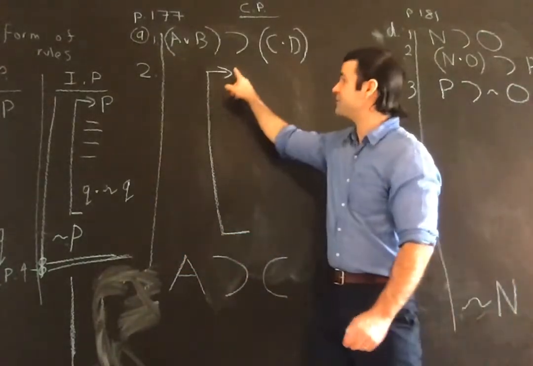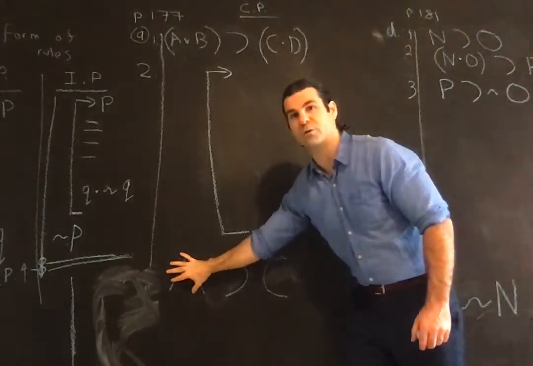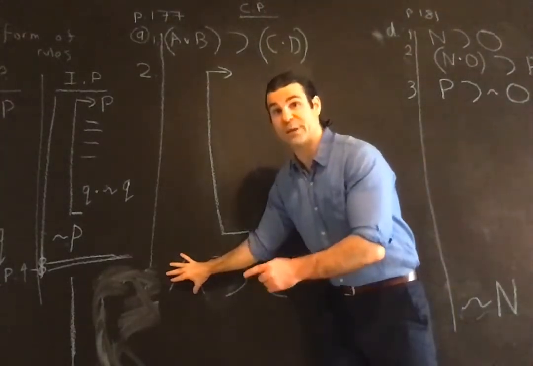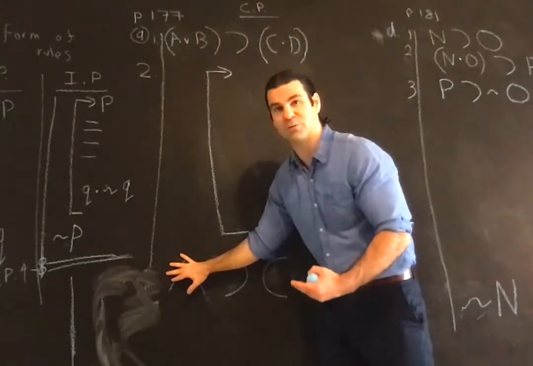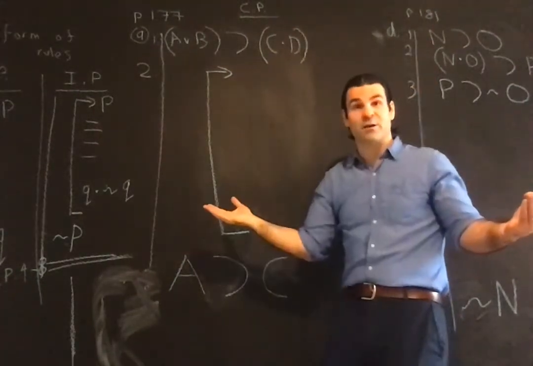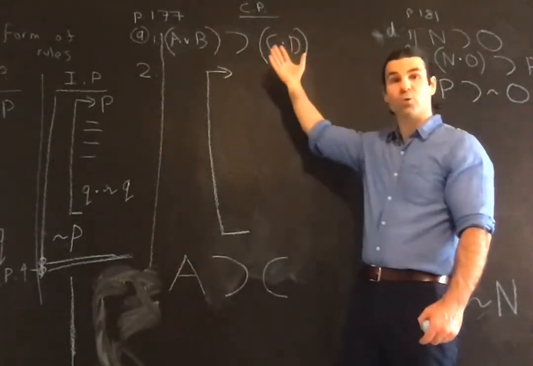If the assumption is A or B, what you're entitled to infer using this rule is A or B hook something. The antecedent is going to be A or B, and it might even be this whole thing. But what use is that? Why are you using this rule to derive what you are already given?